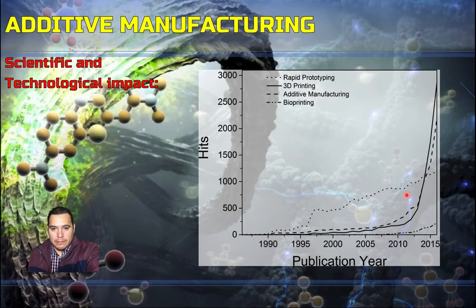Whereas interest in additive manufacturing has grown steadily for the last 25 years, the comparatively younger field of bioprinting has witnessed a comparatively impressive increase in patents and publications within the past decade.